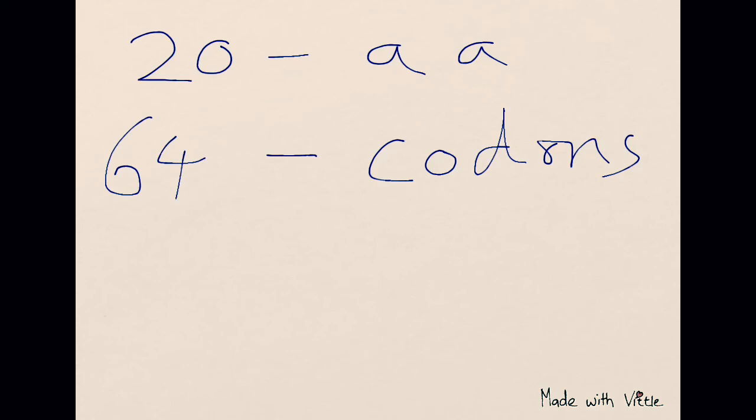So we can see that we have many more codons than we do amino acids. Okay? And that means that you can have more than one codon for every amino acid. So as we showed before, one codon codes for an amino acid, but there could be several different codons that code for that same amino acid.